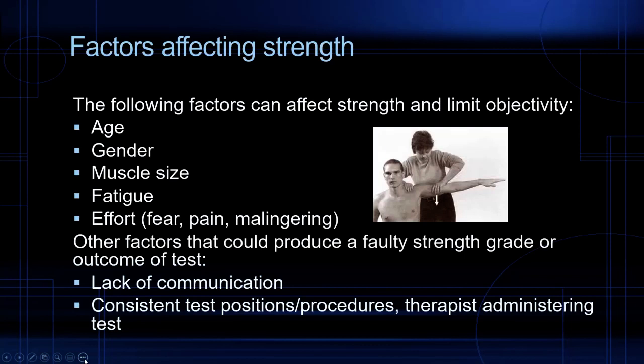Muscle size, what I mean by that is, you know, a middle deltoid, as shown in the picture here, and supraspinatus, that's a smaller muscle as compared to, say, quadriceps. So often knee extension tests really strong because the quads are a bigger muscle group, okay?